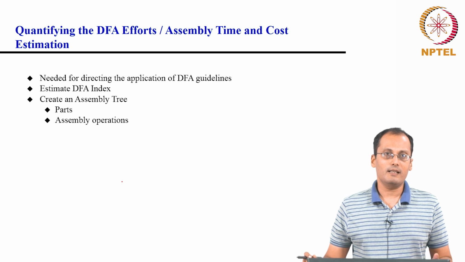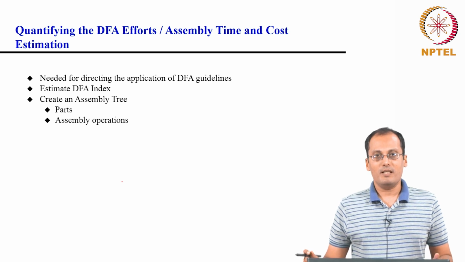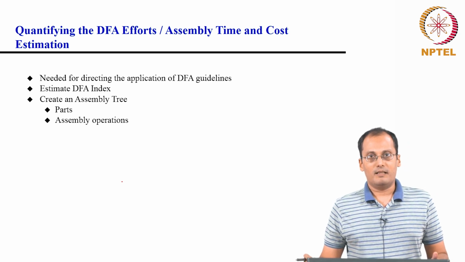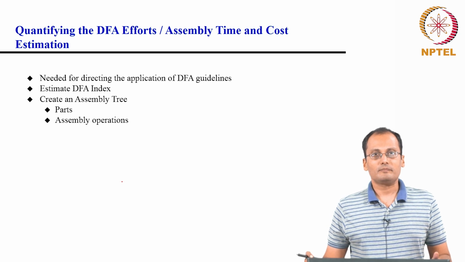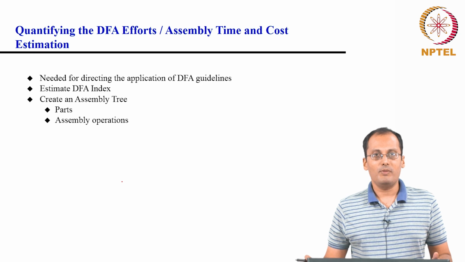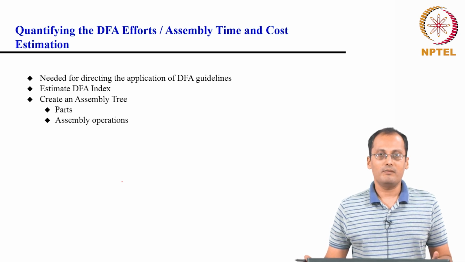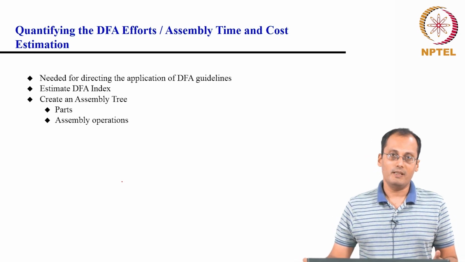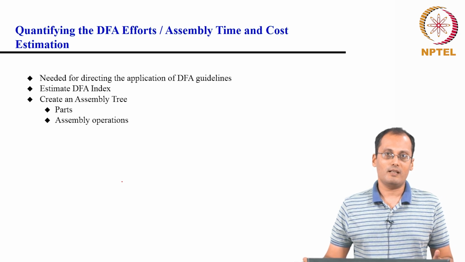We have to hierarchically put these assembly steps and the associated tools and the attributes, like how is the part being oriented, how is it being grasped, whether some tools are required.